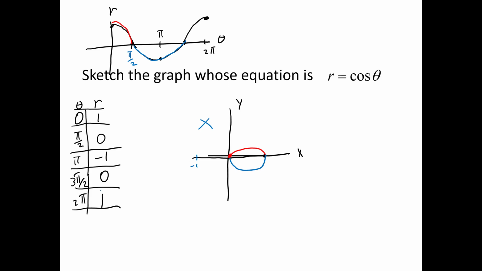Okay. Now, once we get to 3 pi over 2, we're back to 0. And then from 3 pi over 2 to 2 pi, we're positive again.